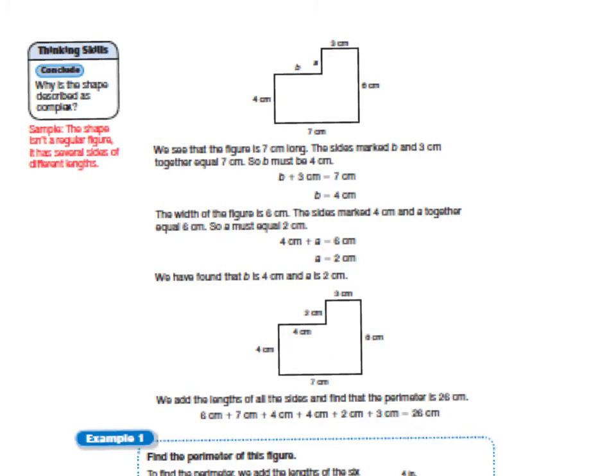Some of you might see some possible quicker ways to do that, but they've come to a total of 26. And again, although you have to be very, very careful that you don't leave a piece out, you might see that you could have used a 7 here, a 6 here, a 7 here again, a 6 here again, because that would have accounted for all those pieces without having to add them all separately.